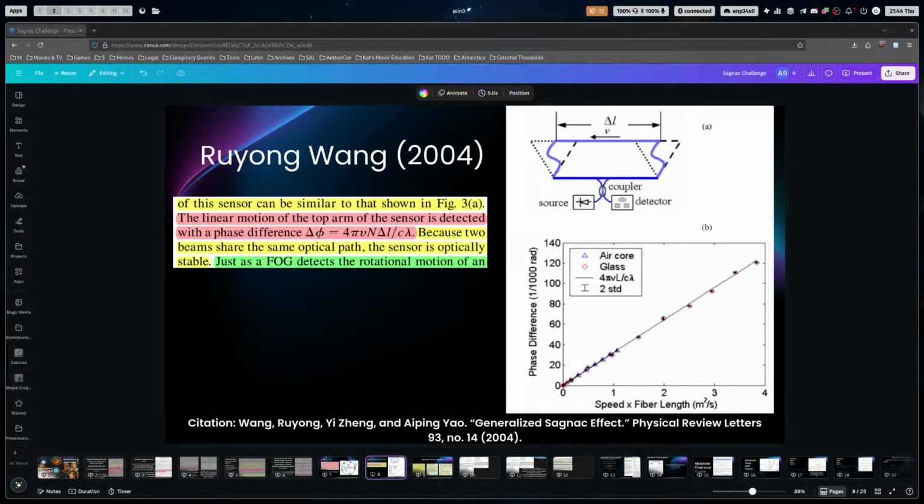That is not a case where the receiver is moving directly towards or away from the light, which is what is happening in the Sagnac experiment. The mirrors and the receivers are moving towards or away from your photon source. Tony, that's very different.